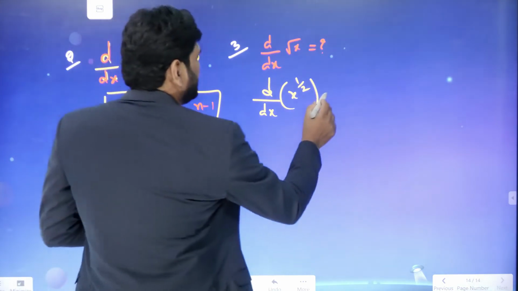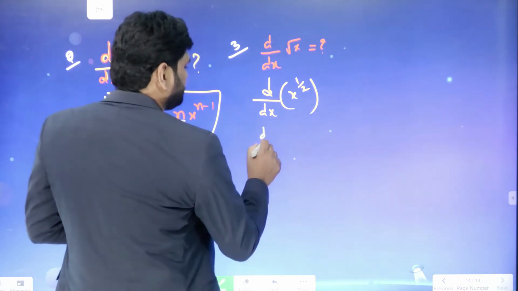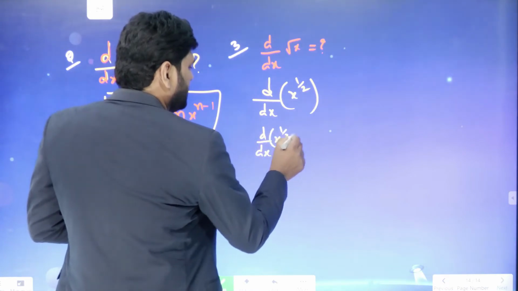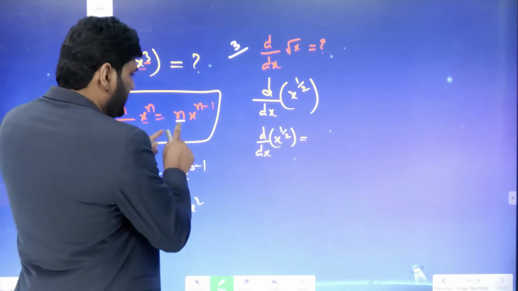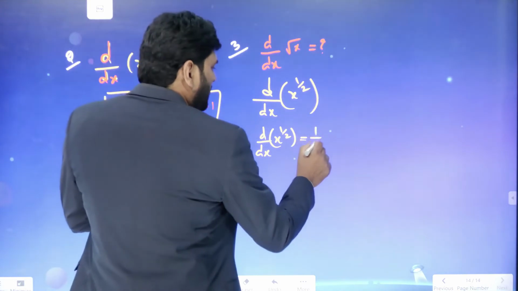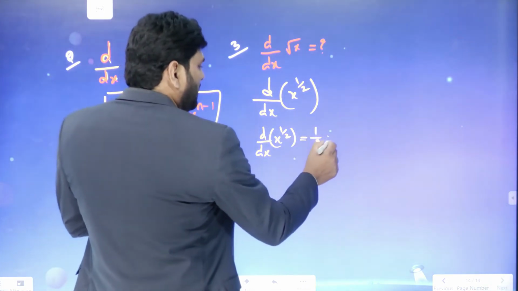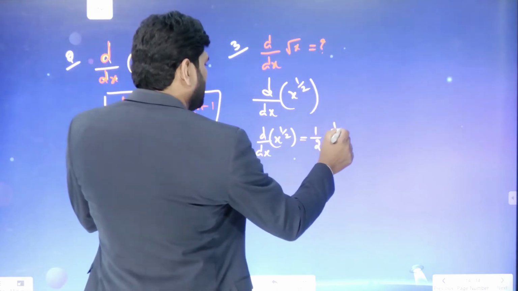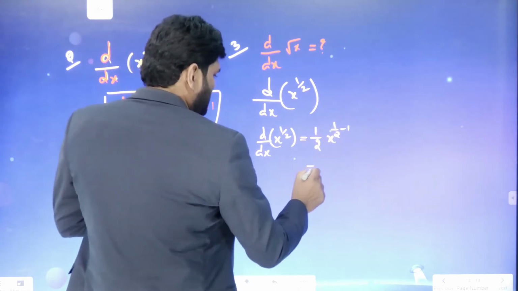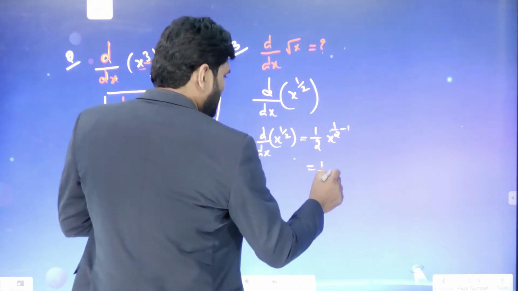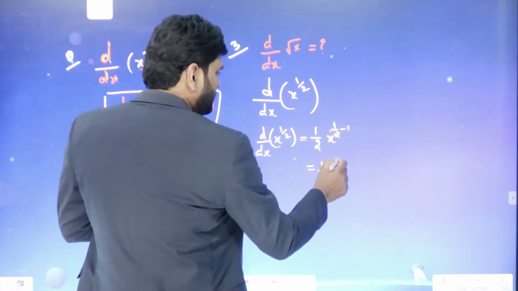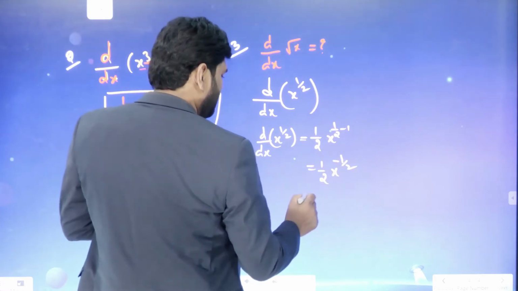So when you write x power half, instead of n, what do we have? Half. X power n, again n means half, minus 1. So 1 by 2 x power half minus 1, which would be minus half.